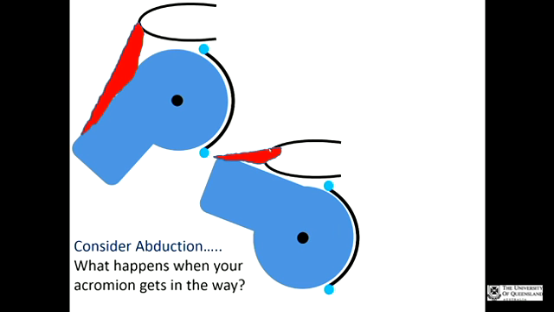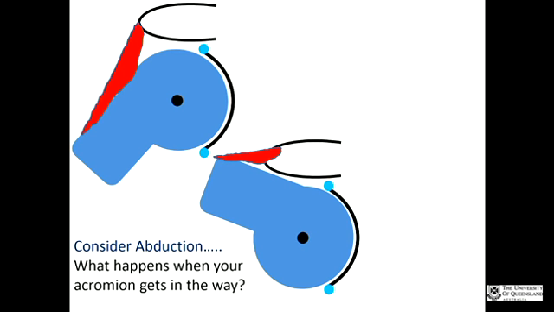What happens when the acromion gets in the way? Let's say you can really shorten your muscles and you might get bone-on-bone impingement. And this is kind of what happens. You get to about 90 degrees, or a little bit above. To go further, you have to rotate the whole of the scapula. So you start rotating everything as a unit, which allows you to elevate the upper limb further.